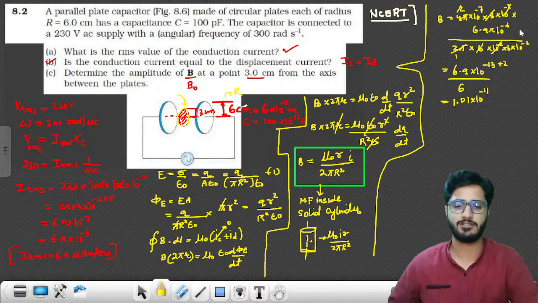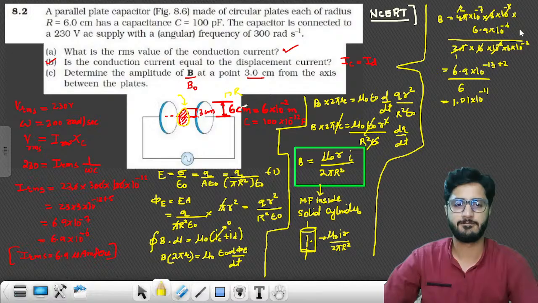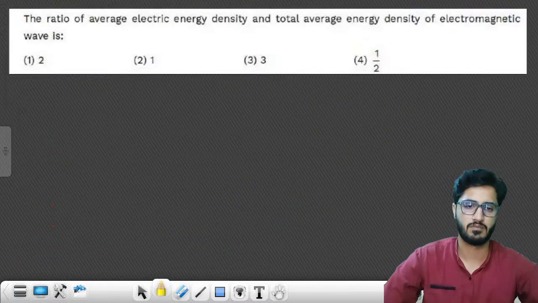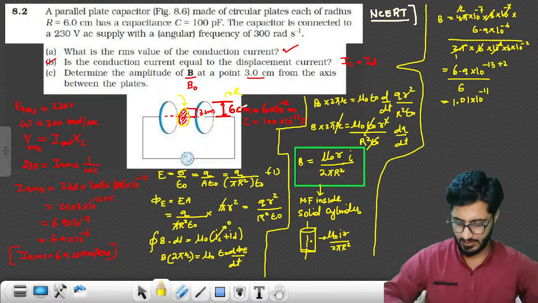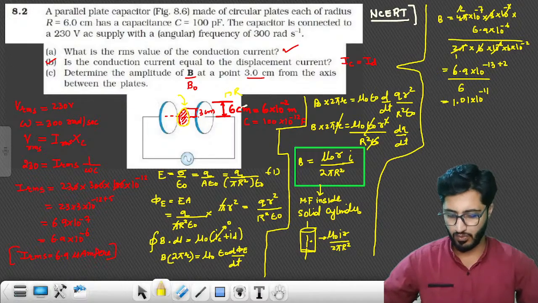Now second numerical. Let us just complete one topic, then we will start one more numerical.